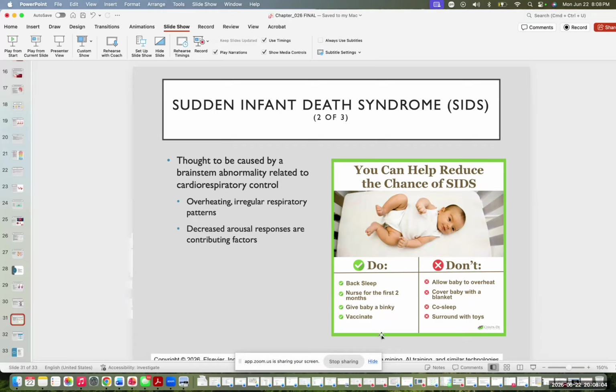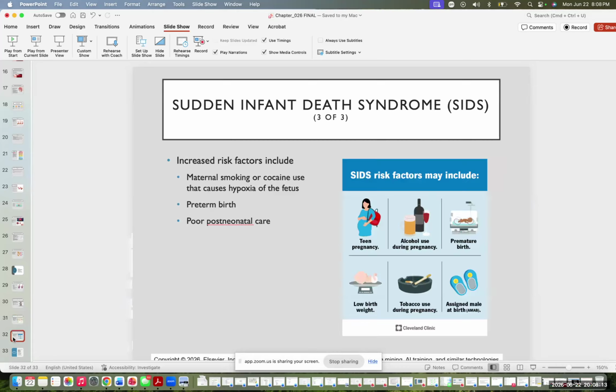So usually we're teaching parents to not have anything else in the crib to avoid suffocation. Okay, the risk factors include smoking or cocaine use during and after pregnancy, preterm birth, and poor postnatal care.